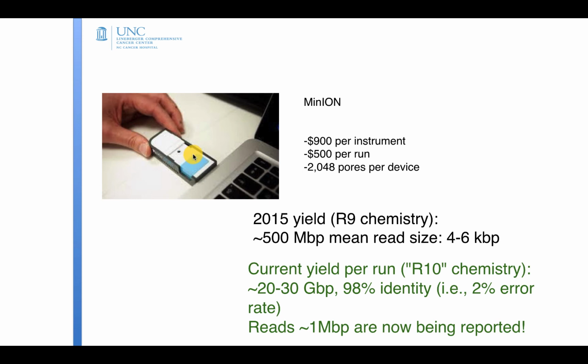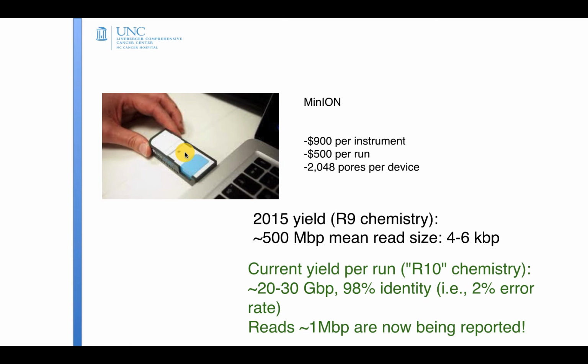Not only that, it's on a USB chip. You can sequence this in your classroom, at your house, and you don't even need strong computational software to do the initial calling of bases, because it's actually sending all the electrical current information to a remote facility where they call it for you and then send you back your sequenced file, just like you would get from Illumina.